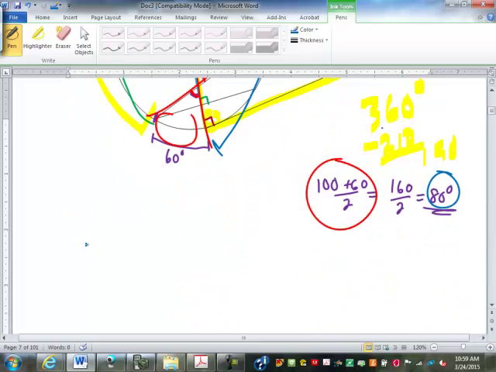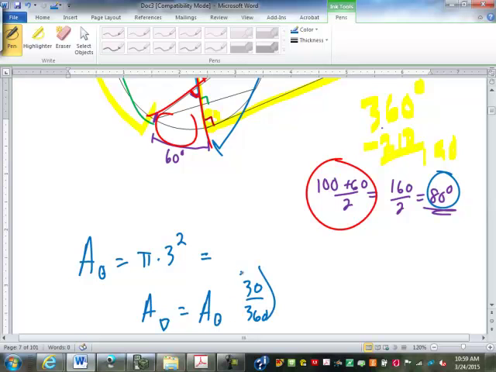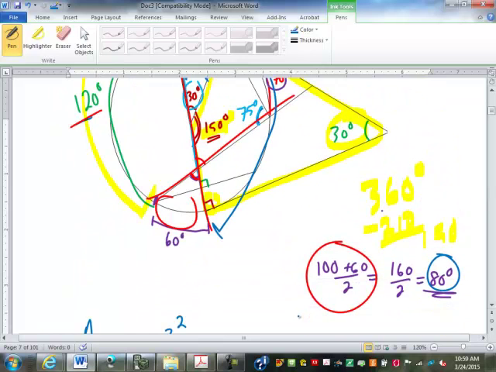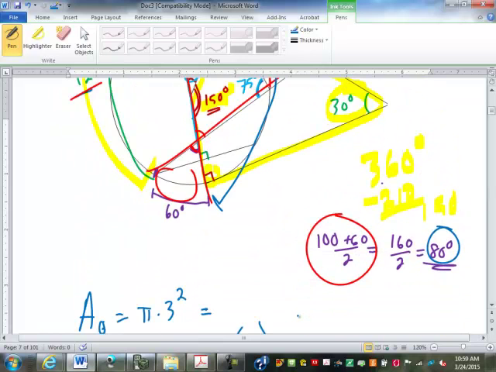Find the area of the circle, which is pi times radius squared, where radius is 3. Then the area of the sector is going to be the area of the circle times the angle, which is 30 degrees over 360. Actually, no, that's smaller than that. It's like 2 point something, isn't it? 2.2 something? I don't know. I'm having one of those days. Yeah, 2.2 something. There you go. That works.